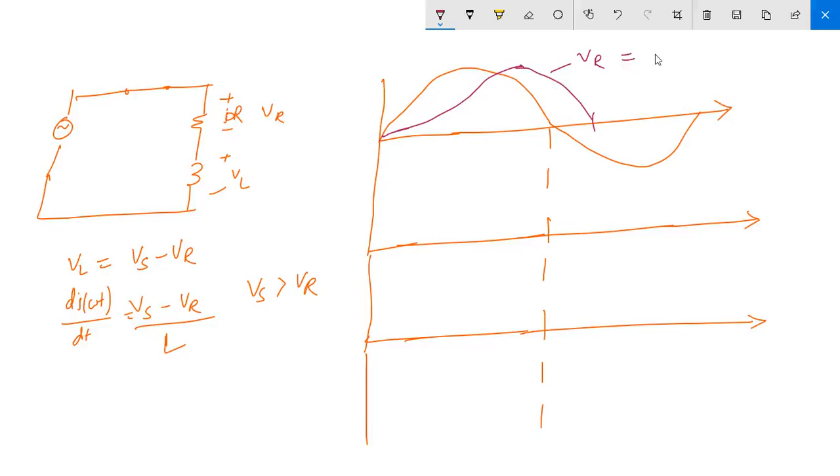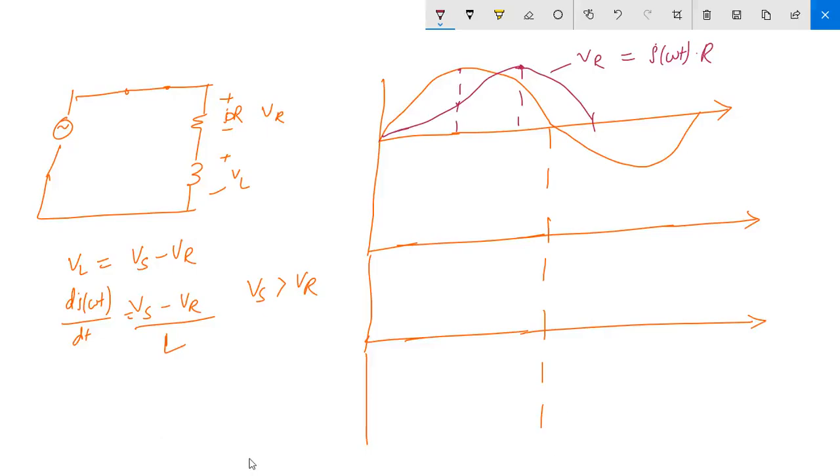Because Vr is i(ωt) into R, right? And i(ωt) has a sinusoidal component as well as an exponential component. R is just a constant. So if you can see the difference of the shape, this is pure sinusoidal, but in this waveform there is an exponential form. That's why the peak value is different. Here the peak value comes here for a pure sinusoidal, but the peak value comes here for this.